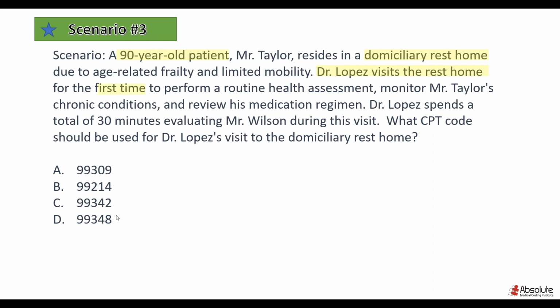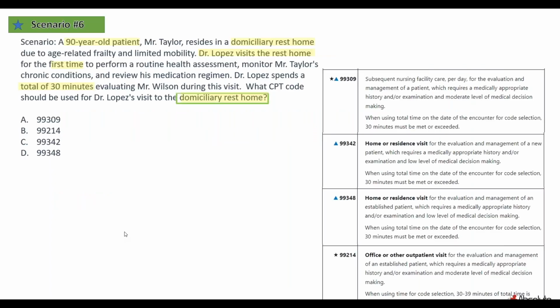Dr. Lopez visits the rest home for the first time. Total time is 30 minutes spent. And what are we coding for? We are coding for domiciliary rest home. So the correct answer, as most of you have said, is option C.